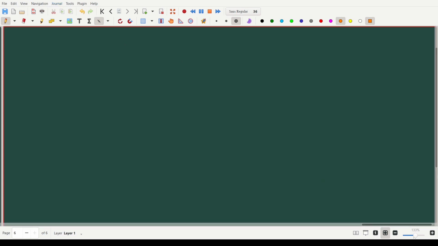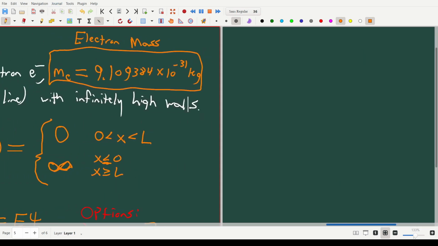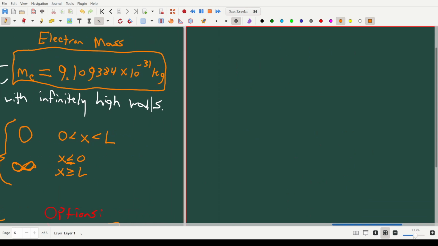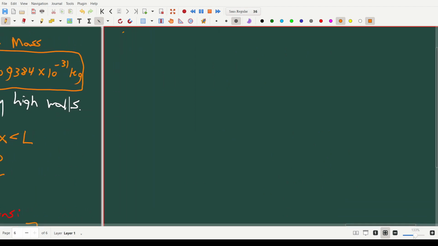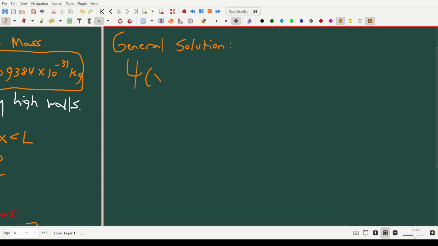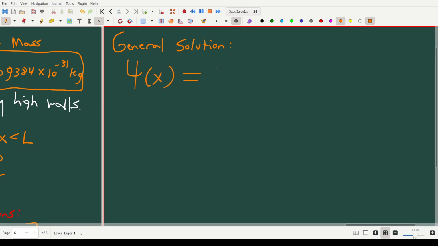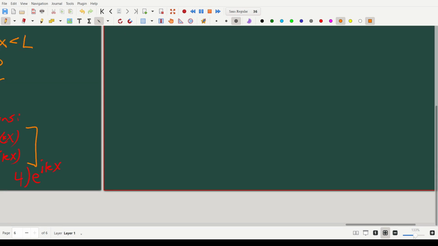So in fact, that's exactly the right answer. So the general solution can be either cosine or sine, but the wave function solution is, let me just make sure I have my labels correct here.